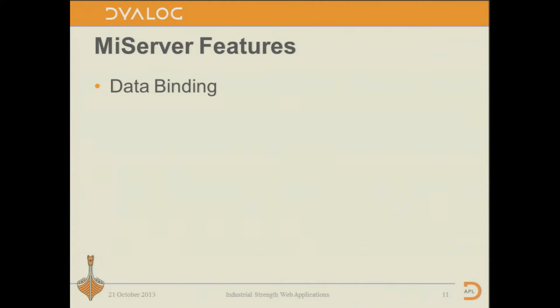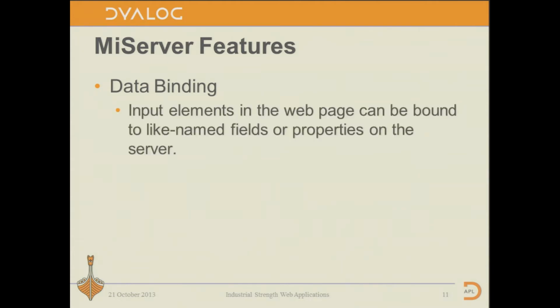Data binding, we've talked about that a fair bit today, and we don't have data binding that's quite as sophisticated yet as what we've seen with WPF, but hopefully we'll get there. But MiServer has had data binding from day one. Input elements on the web page can be bound to like-named fields that are in the page definition on the server.